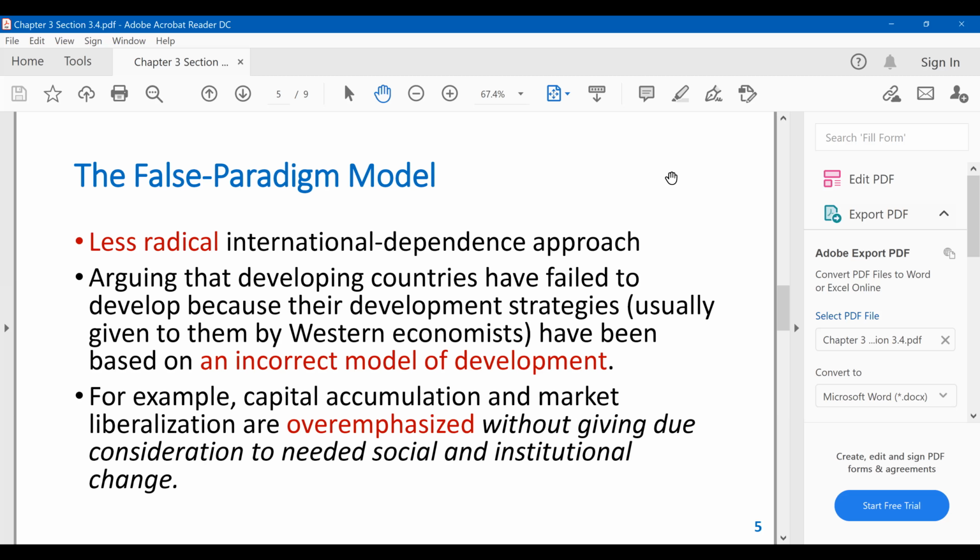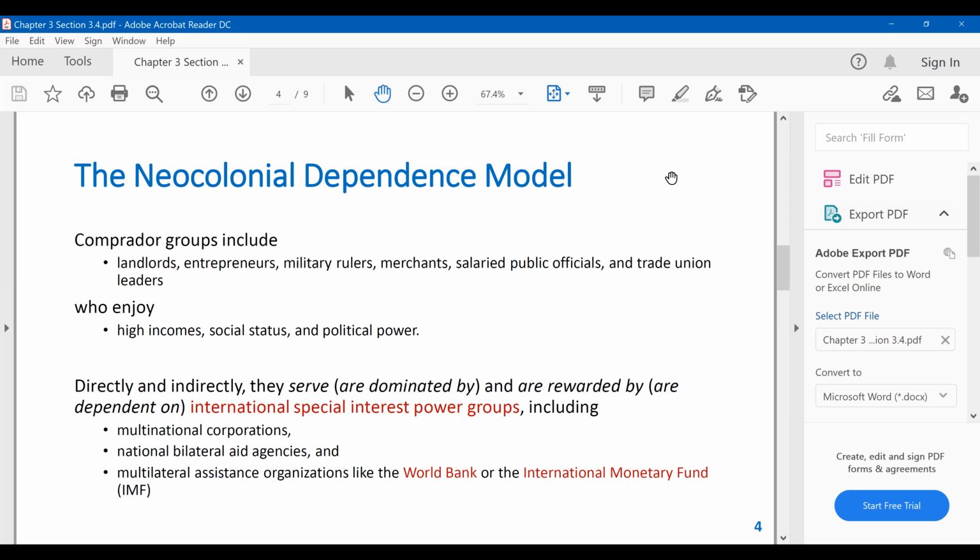Yes, so I have about 3.5 minutes. So let me not start talking about the false paradigm model, but if you have some questions, we can talk about the neocolonial dependence. This is, of course, a controversial theory. Since the 1970s, there are many different contributions to this field. There are neo-Marxians, such as Paul Baran, Paul Sweezy.